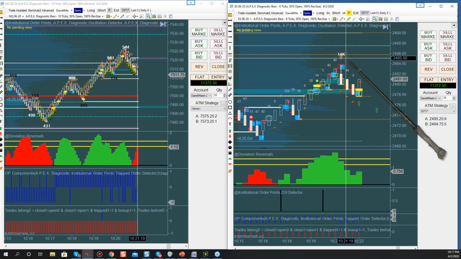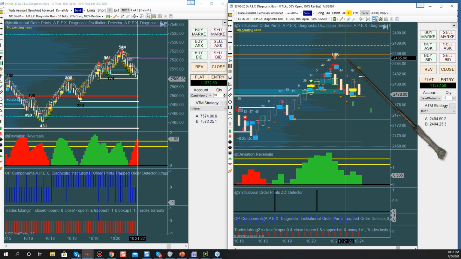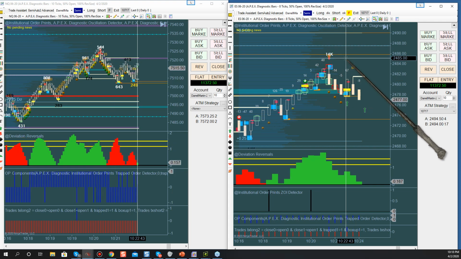We got a long. No walls in our way. I mean, it looks like a pretty solid trade. Didn't work. Is that okay?